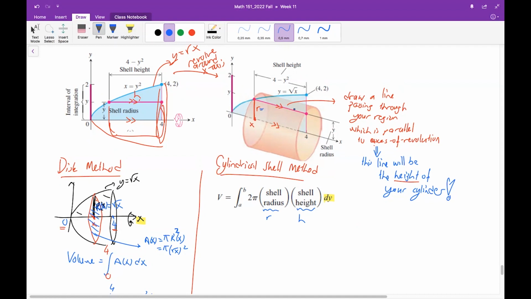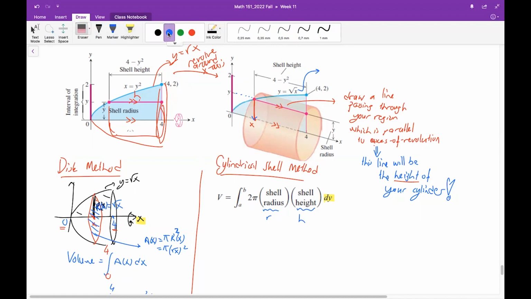That's why the radius here, if you solve this radius in terms of y, so solve x here in terms of y, right? Just a second, let me use other colors.